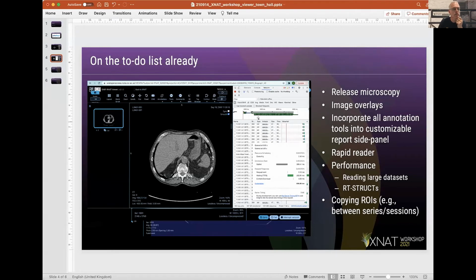And what you can see here is a whole load of network traffic, and all of these are SOP instance UIDs that are being loaded here. If you analyze any one of those, look at what you get. The process is stalled for a while because there's other stuff happening.